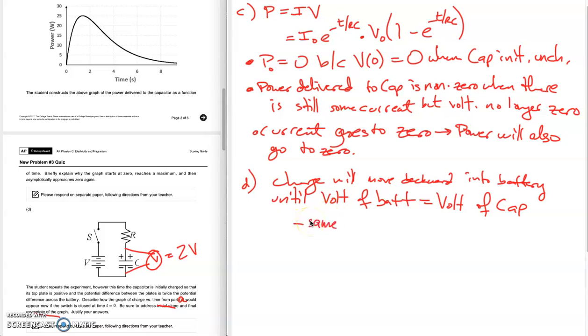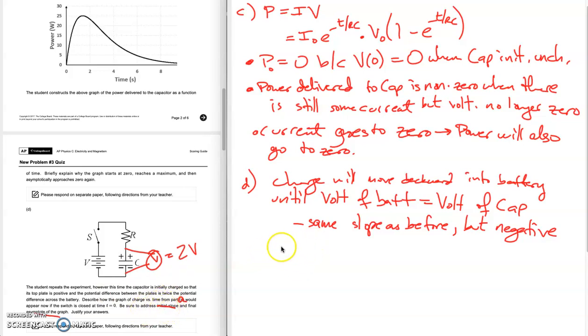So it'll be the same slope as before, but negative, because it's going the opposite direction. So that's important point number one.